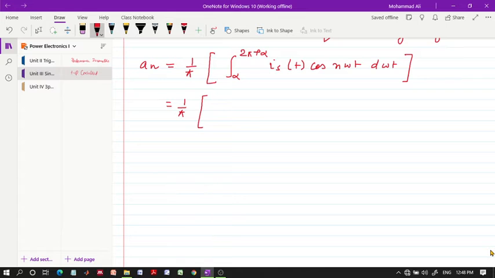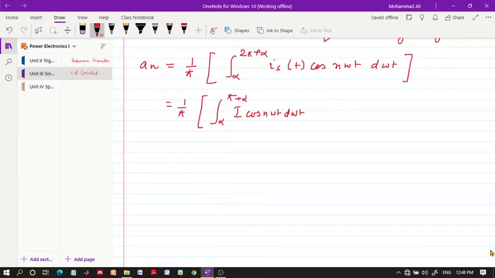This should contain two parts, from alpha to pi plus alpha. And what is i? It is i from alpha to pi plus alpha, cosine of n omega t.